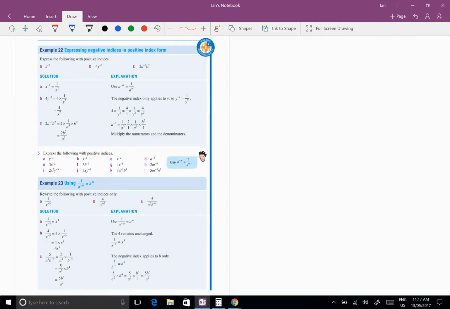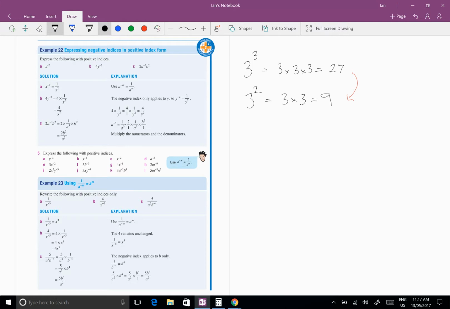Now, remember we explained this by looking at a pattern, and the pattern we used was 3. So if we had 3 to the power of 3, well, that equals 3 times 3 times 3, which is 27. And now if we come down the pattern to the next one, 3 squared, well, that's 3 times 3, which equals 9.